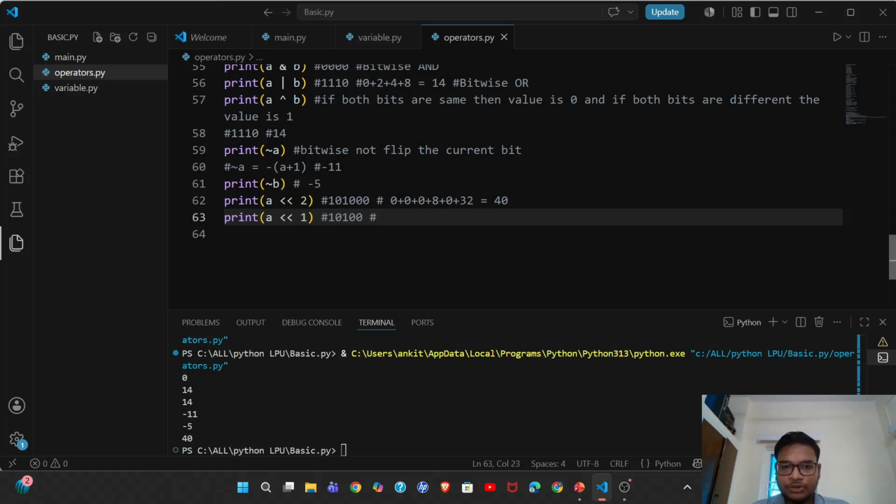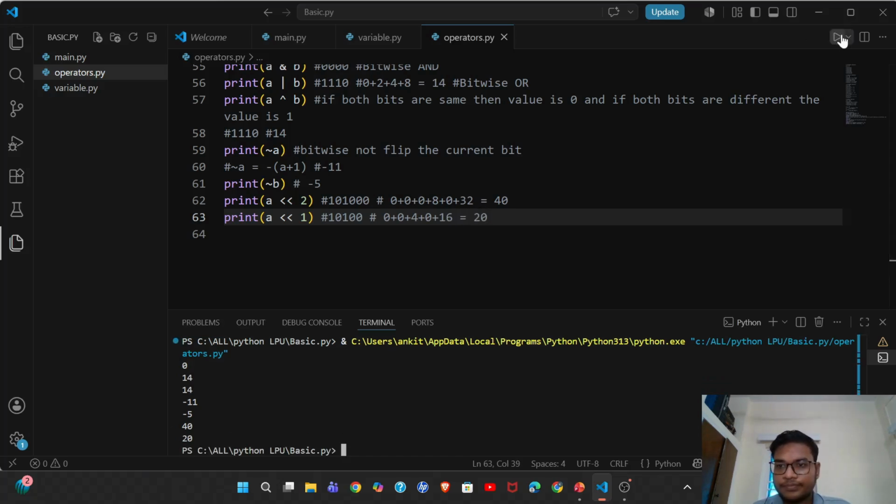Then the final value is 0, plus 2 to the power 1 is 0, 2 to the power 2 is 4, 2 to the power 3 is 8, 2 to the power 4 is 16, that value is 20. Correct? So if you don't find any value, just ask Python, it will give us that final value. So this is all about the left shift.